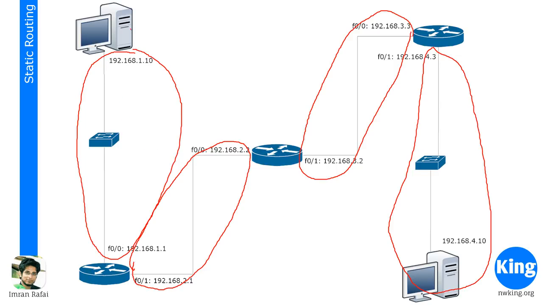So if this computer wants to communicate with this computer, it looks at the IP address 192.168.4.10. That's the IP address it wants to communicate with. And knowing what we know and the way we have looked at data transmissions earlier, we know that this computer will have to send that data to its gateway, which is 192.168.1.1, this device.